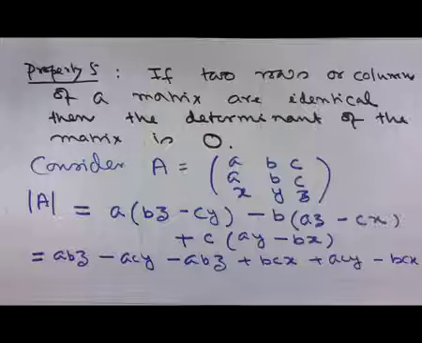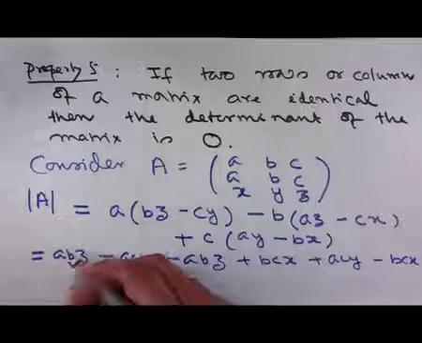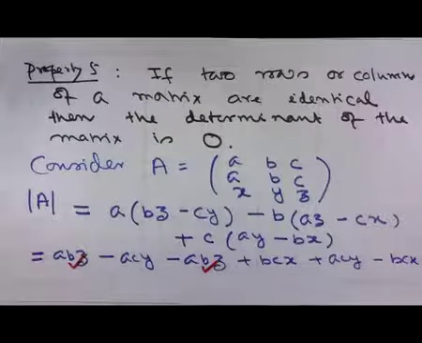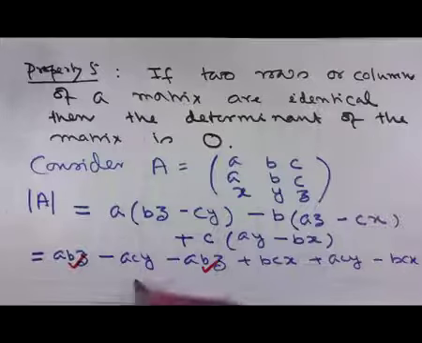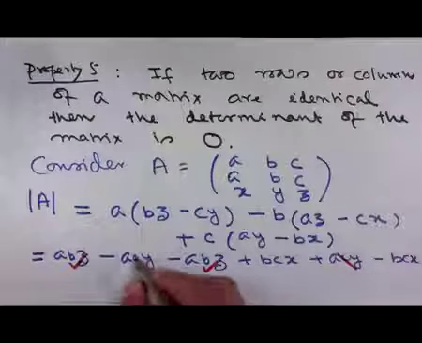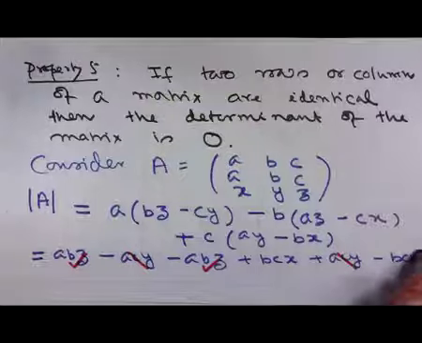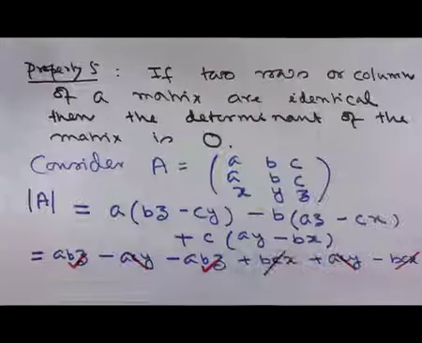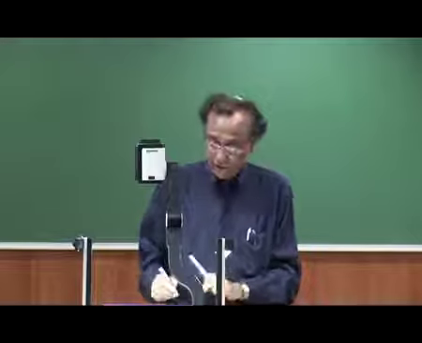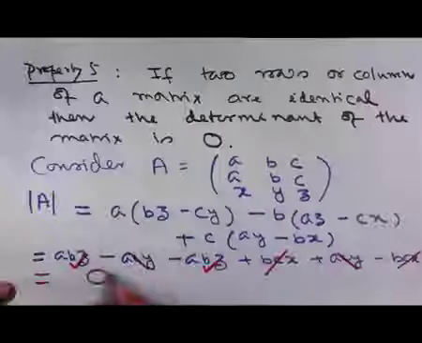Now, let us look at the terms: plus A B z minus A B z, they cancel each other; plus A C y minus A C y, they cancel each other; and minus B C x plus B C x, they cancel each other. Therefore, the result is 0.